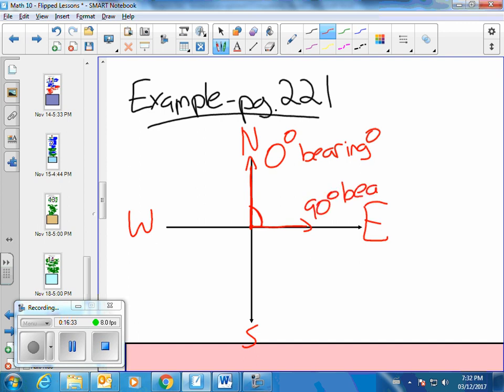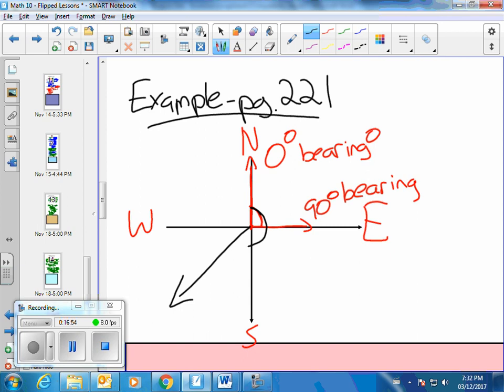So the example they have in the textbook is they say that there's a boat that's traveling directly southwest. And what they want to know is, what is the true bearing? So if I were to pick this up and plop this on the map, what is the true bearing of this? Well, I start from my northern arm, or from 0 degrees.